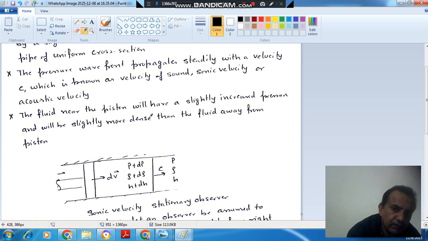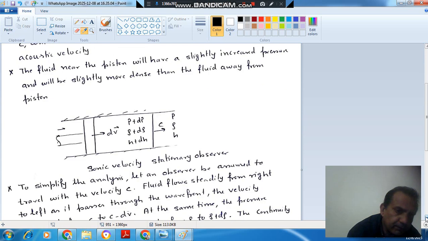The fluid near the piston will have a slightly increased pressure and will be slightly more dense than the fluid away from the piston. So here the wave has passed, so here the pressure, density, enthalpy and velocity will also change, and here they will remain unchanged because the wave has not reached that point of the pipe.